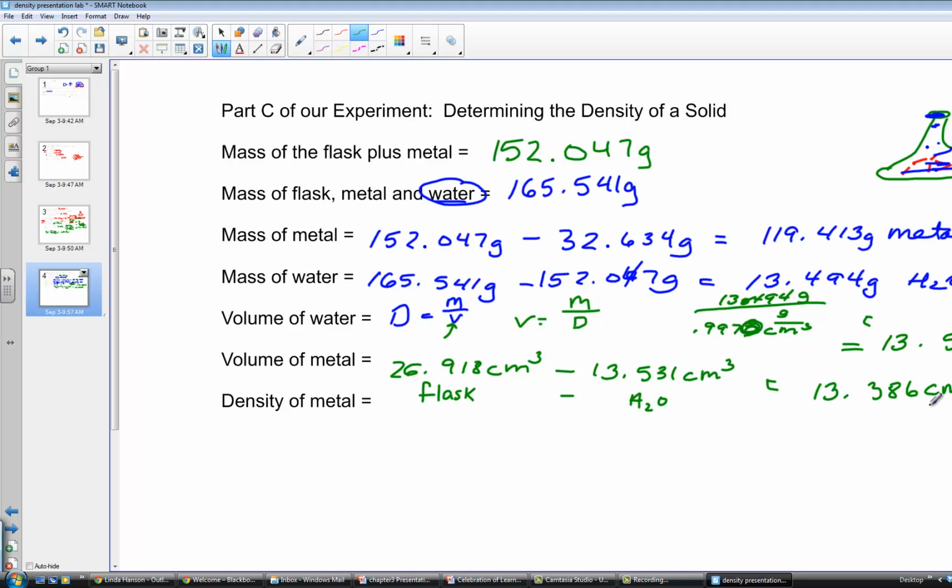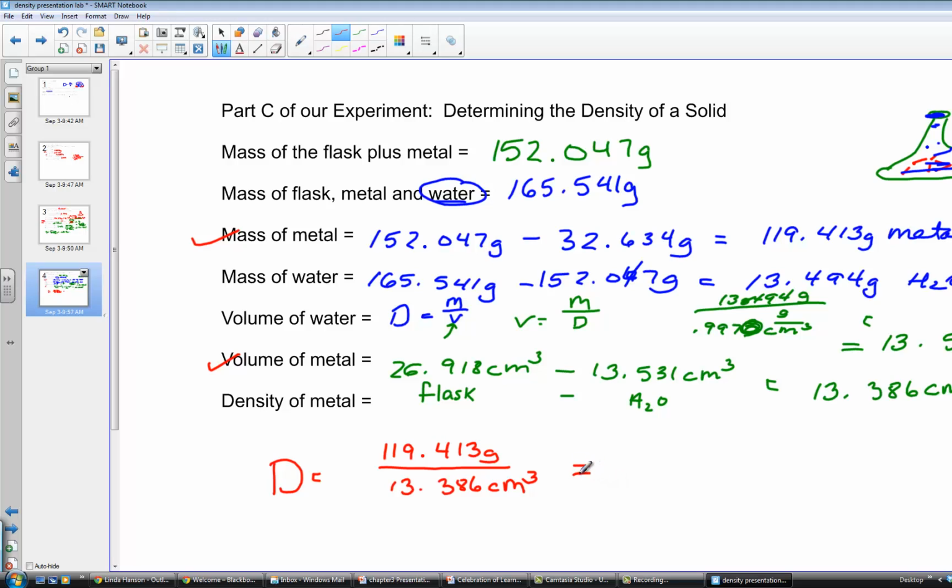Alrighty. We have the two calculated numbers we need, don't we? We have the mass of the metal and we have the volume of the metal. What's the density? Density is determined by taking the mass of our metal and dividing it by the volume, 13.386 cubic centimeters.